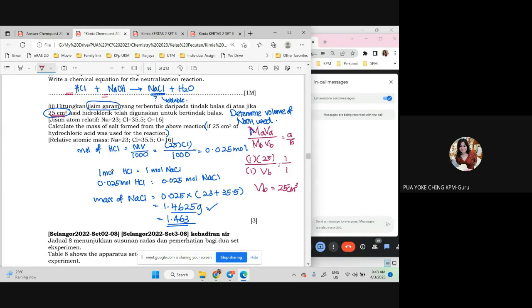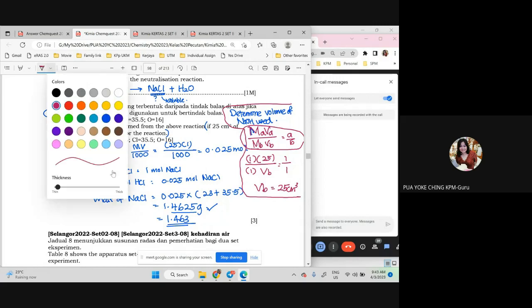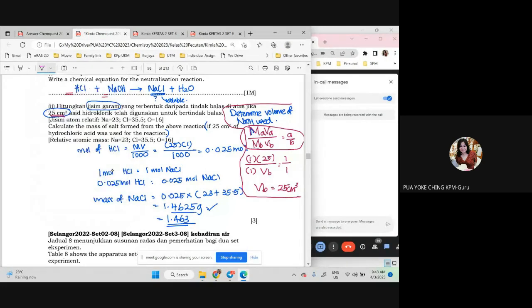Okay, so for a normal neutralization calculation, use the formula. Show this first. Write the formula that you use, MAVA over MBVB equals A over B. Then the markers will know how to give marks, because there will be 3 marks. So how will the examiner mark? They will give point 1 here, which is mole of acid.